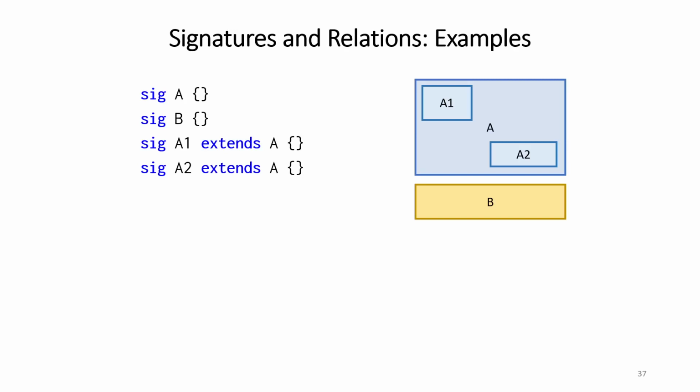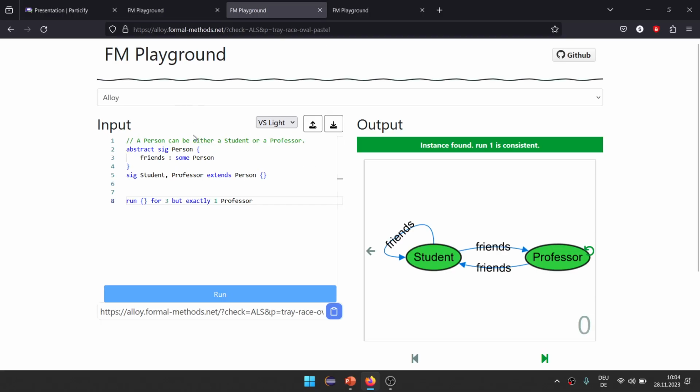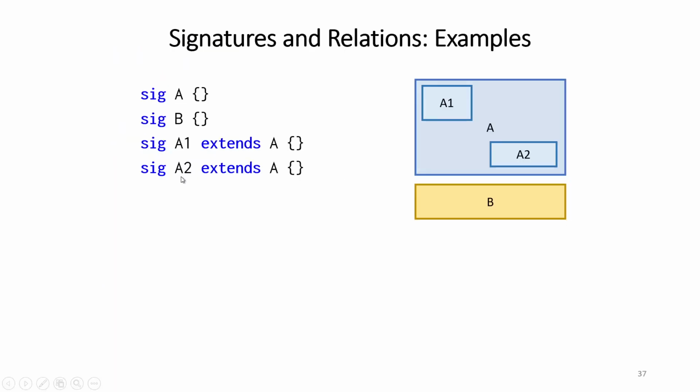This inheritance, we already saw it here with the person, and then professor and student are inheriting, right? This is just a visualization. What it means is that if we have this signature A, then the sub-signatures are basically contained in that set.